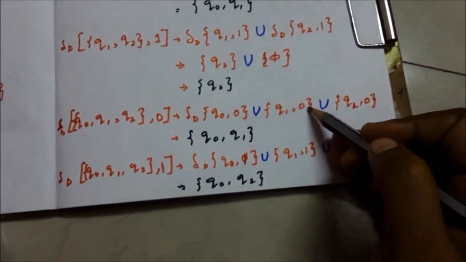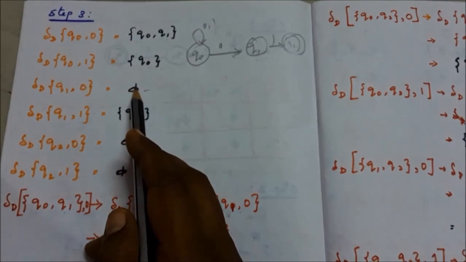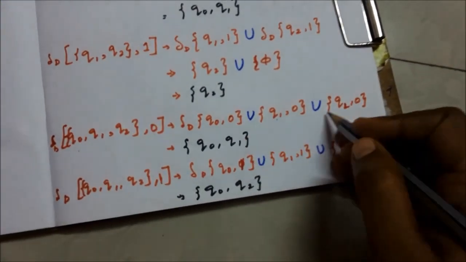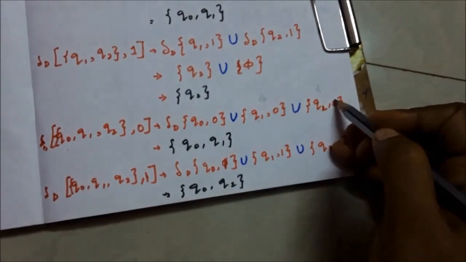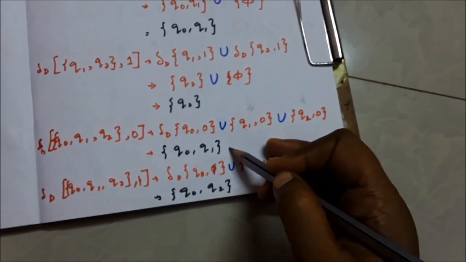Then Q1 comma 0 value is pi. Next, union of Q2 comma 0. We know that Q2 comma 0 is null value, pi. So adding these, the value will be pi, null value. So by adding this we will get Q0 comma Q1.